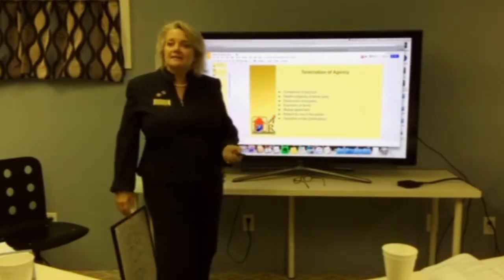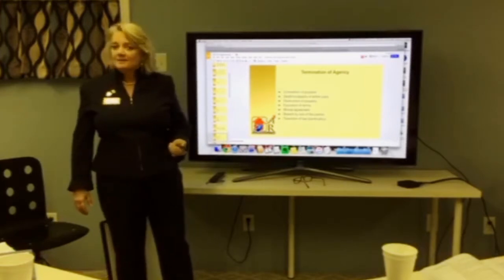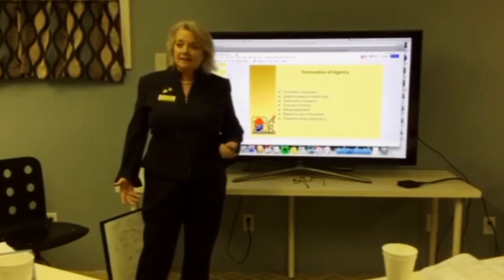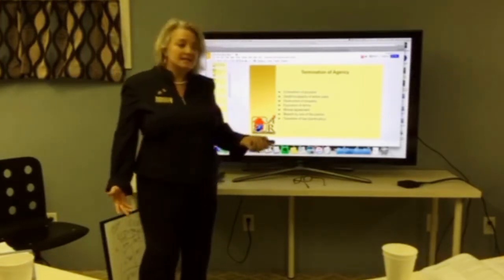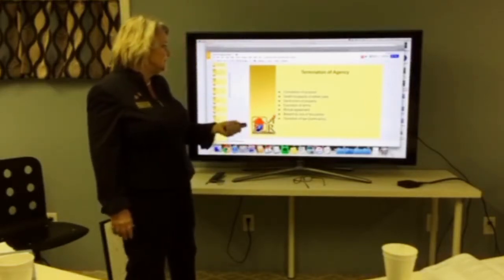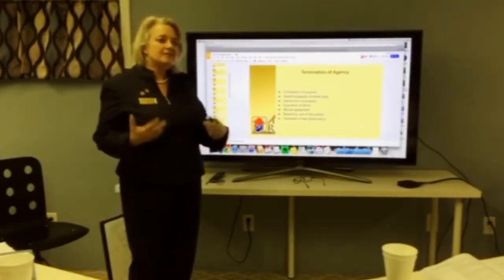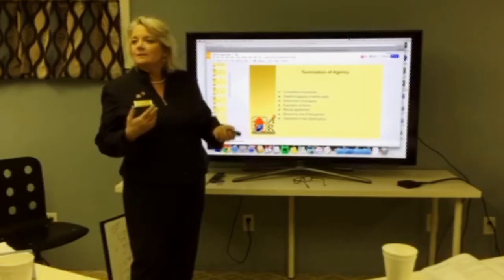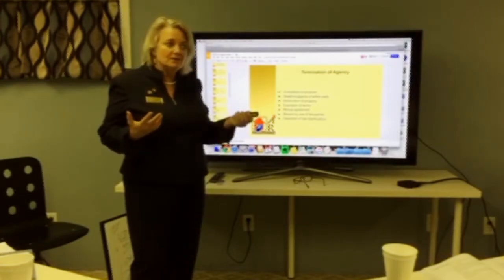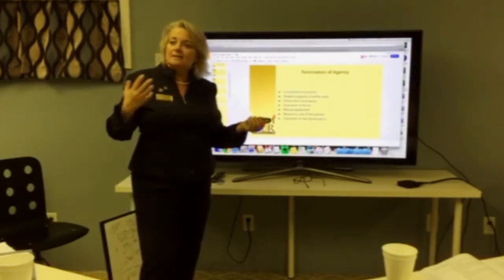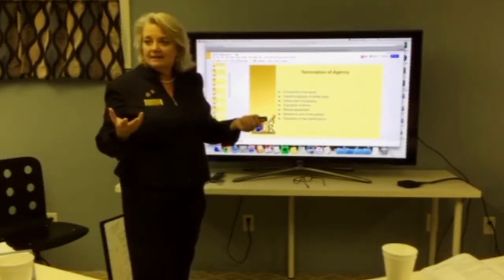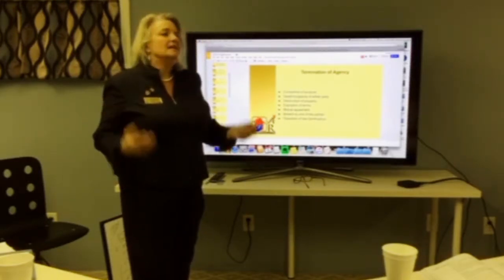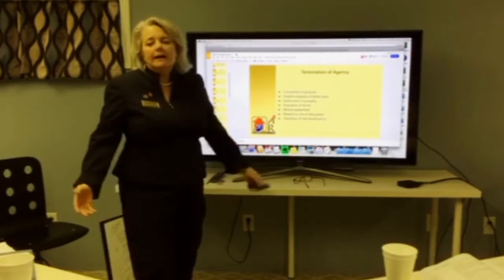Expiration of terms. Okay, so you had an agreement with them and it ended, right? And so that ended the agency agreement. Mutual agreement, right? You decided that you're going to go different ways. They decided they didn't want to list their house, they didn't want to sell their house anymore. I just went to book an appointment for a house that I've had on the market, and they said, I don't know, I've got college coming up.